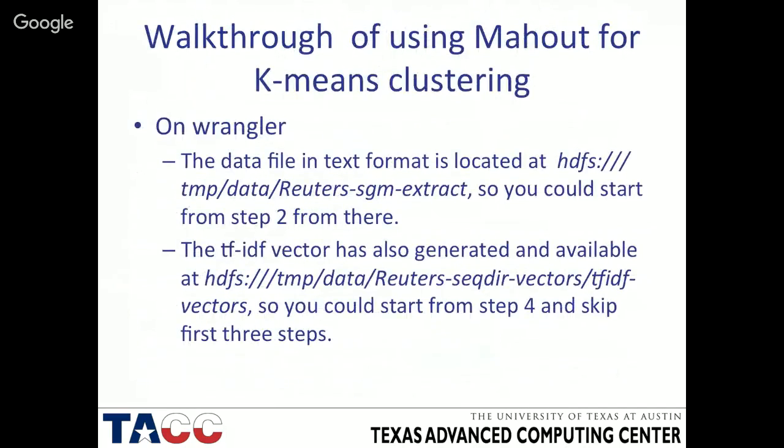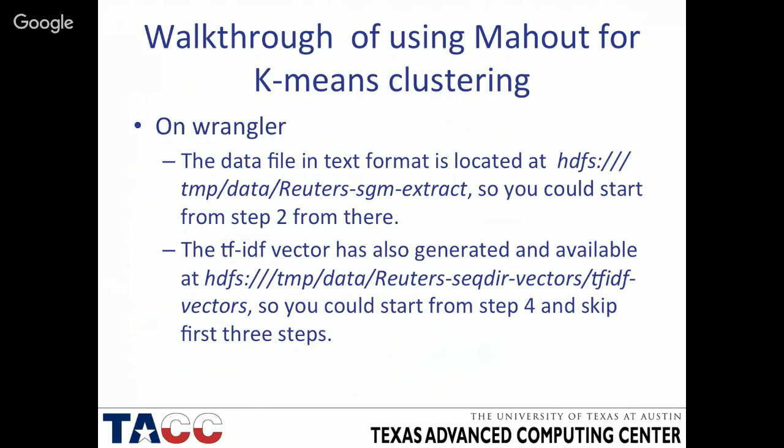Again, we just use them as examples of how you can use Mahout and how you can run through the whole process. You can try it with a smaller data set, and also with a bigger data set, and experiment more with how different mappers or reducers can affect it. So it's good practice. Also, if you go to the /tmp/data directory on the Hadoop file system, I have the extracted data file in the same format there as well.